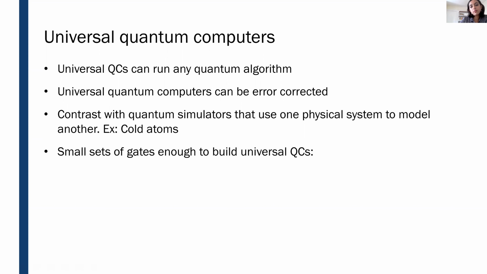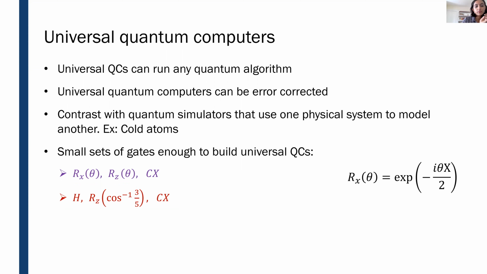The other interesting thing about universal quantum computers is that a small set of gates is enough to realize any quantum computation. I'll give some examples of sets of gates. Arbitrary rotations around two different axes for single qubits and an entangling operation such as CX. Those three operations are enough to build a universal quantum computer.